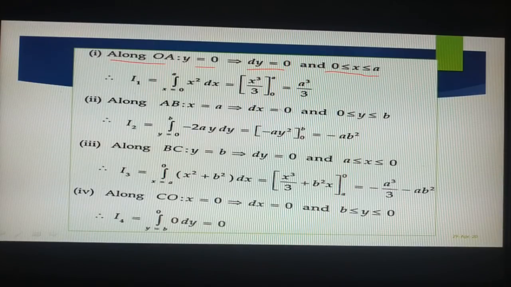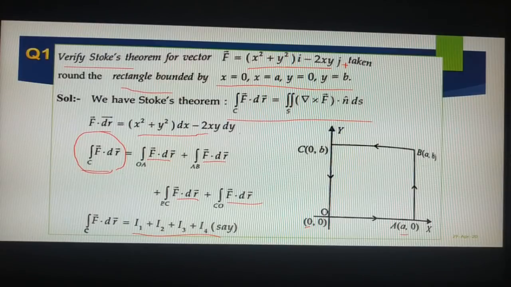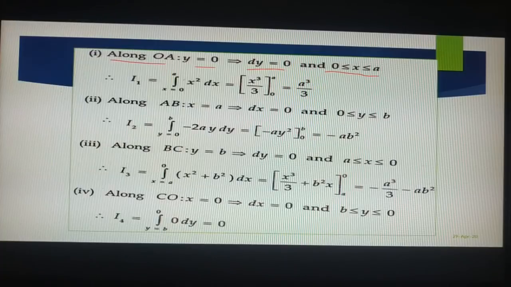So that is your integral f bar dot dr. Here, wherever y is there, I have to substitute 0. dy means that is also 0. So the remaining will be as it is. X is varying from 0 to a.